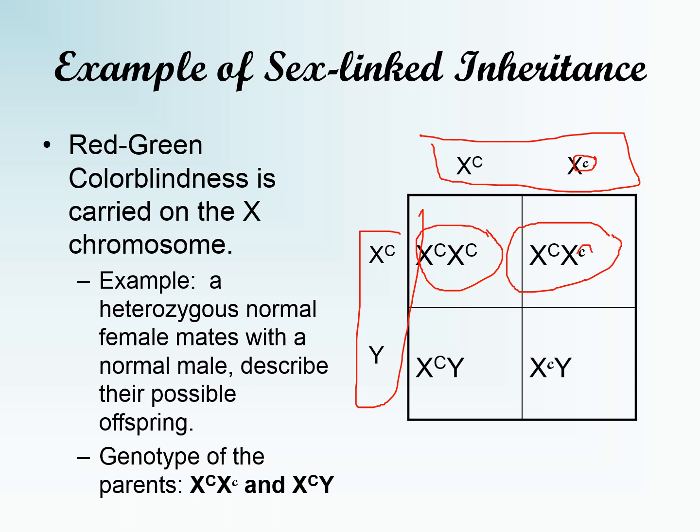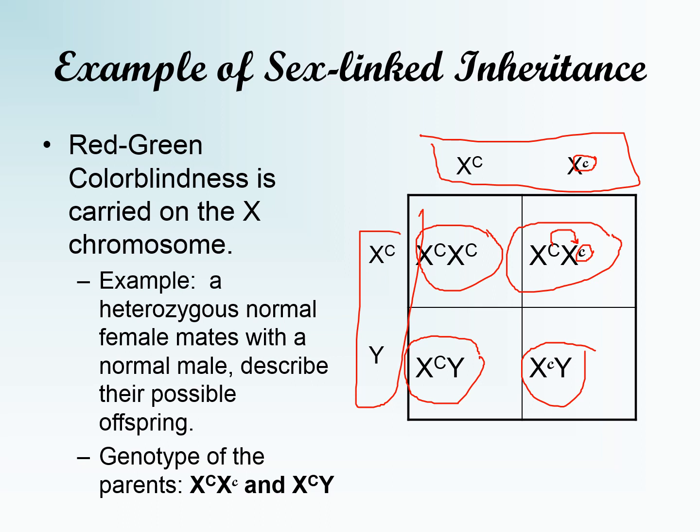Mind you, she's a carrier for that recessive allele that can cause color blindness, but she herself is not going to be colorblind. Think of it as the principle of dominance. As long as we have the big C, that's going to cover up and mask the little c. So she's going to have normal vision. This guy down here, normal vision, but unfortunately this guy down here is going to be colorblind.